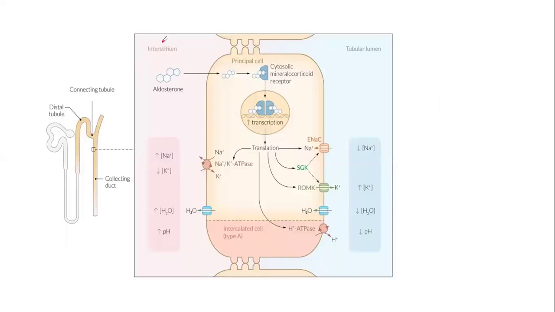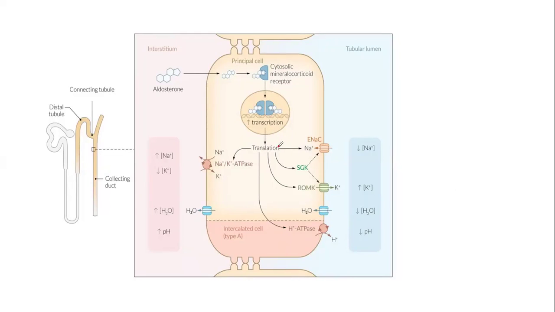If you see, this is the aldosterone entering the cell because it can cross partially permeable membrane. It has what? Cytosolic receptors present. Then this whole complex will move inside the nucleus and cause transcription. Transcription and then translation.